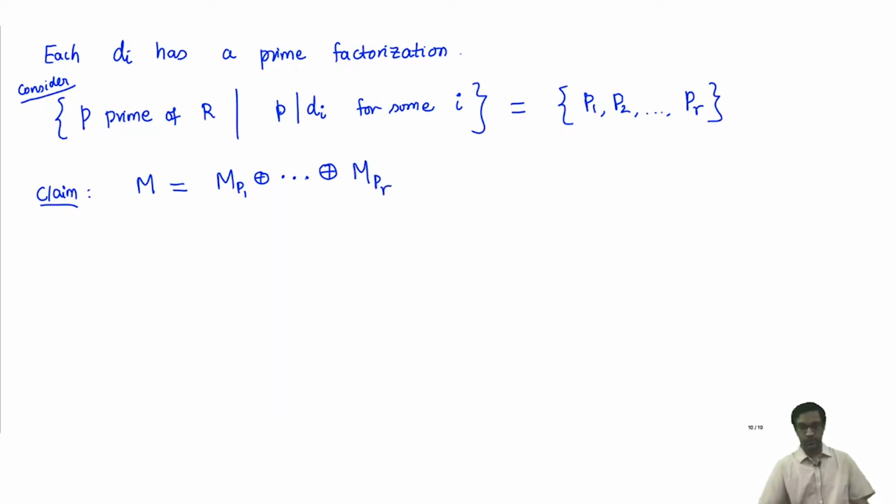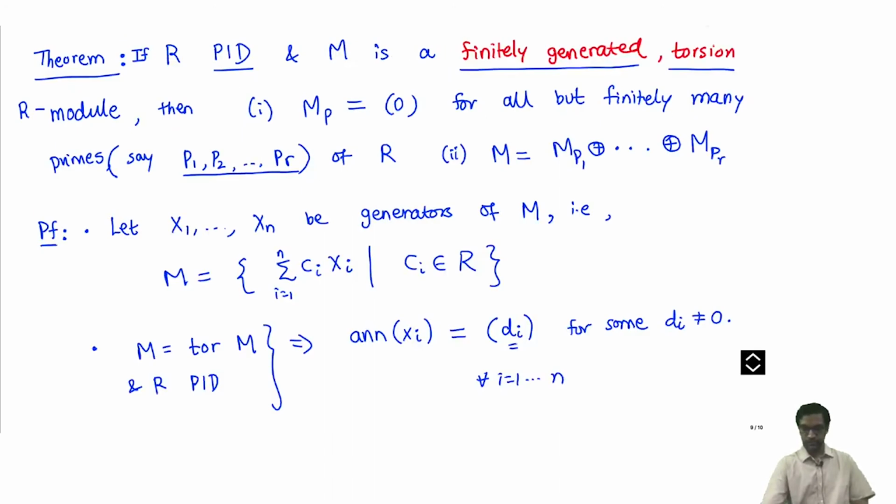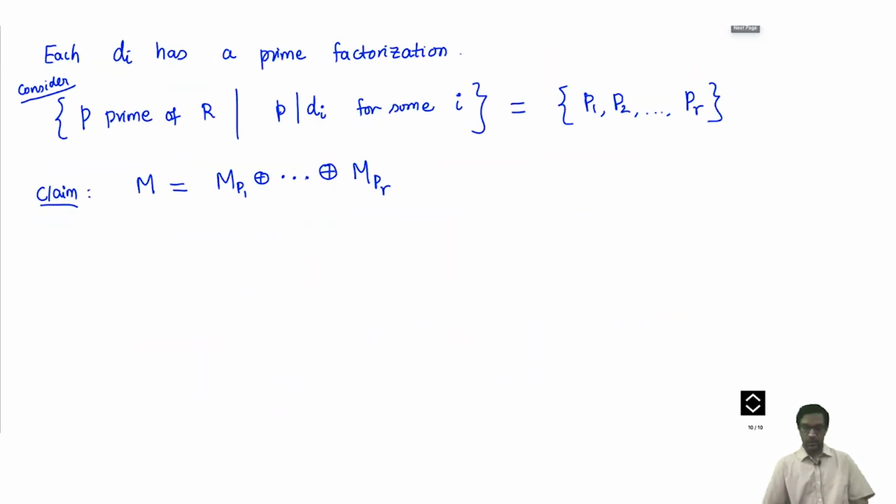Okay, so I am going to prove the second part of my theorem, which is that I can find finitely many primes such that M is the direct sum of those guys. Then I will show that for all the other primes MP is actually 0. So M is the direct sum. That's the claim. So let's try and prove this claim now. Recall we have already shown independence.